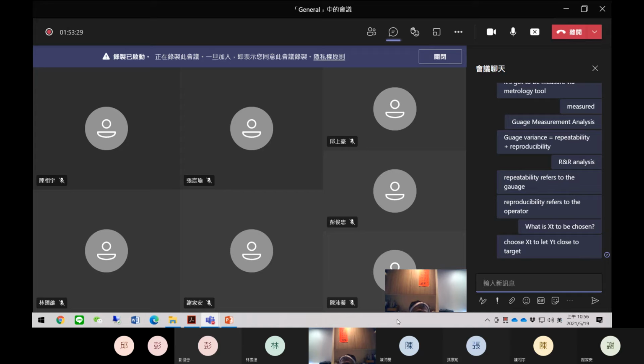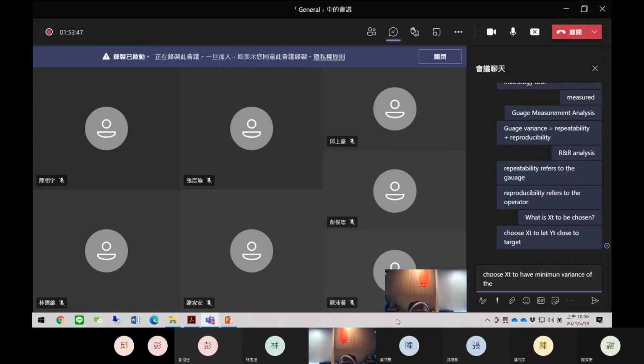It could be, or we choose X_t to have a minimum variance of the output Y_t.